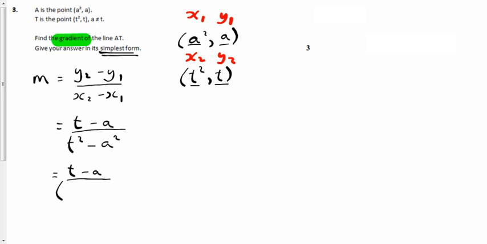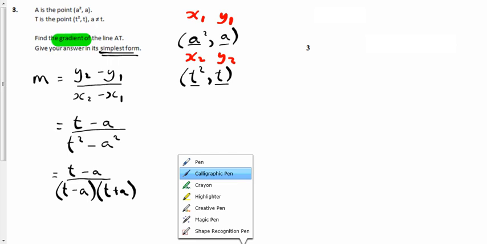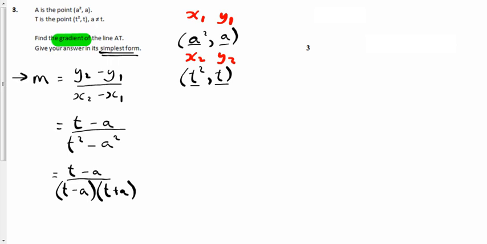That will factorise to t minus a, t plus a. So it's testing two things in this question. It's testing whether or not you know your gradient formula, and it's also testing your recognition of things that can be factorised.